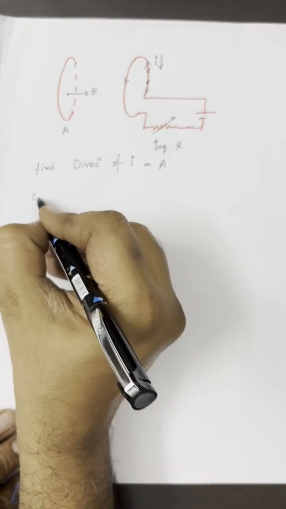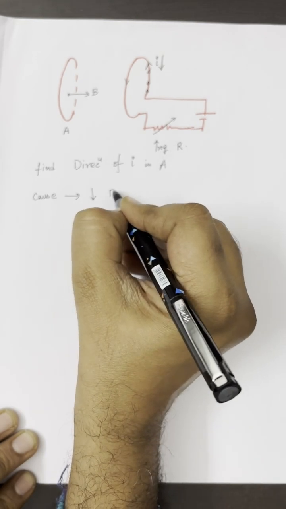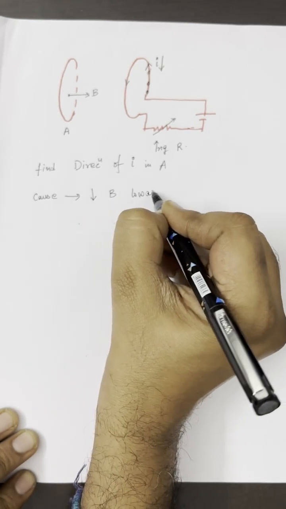So the cause is a decreasing field towards the right.